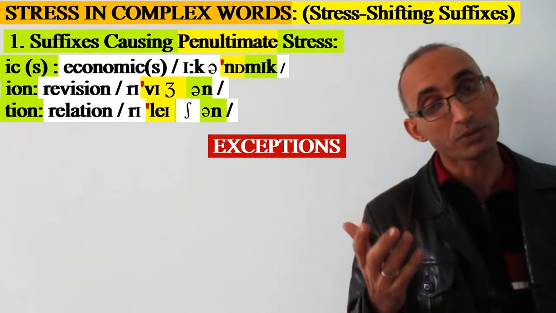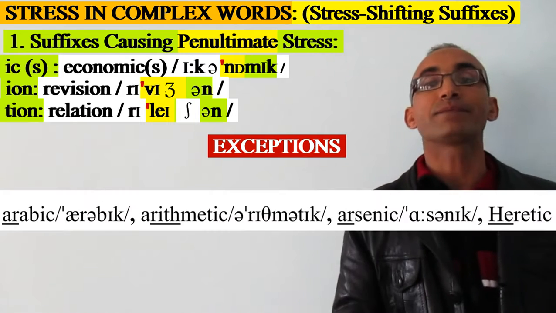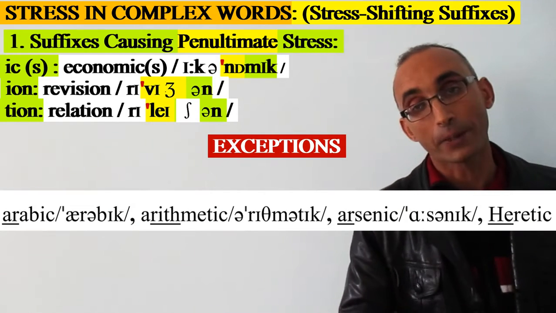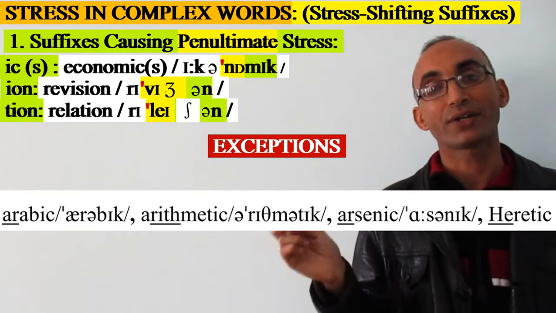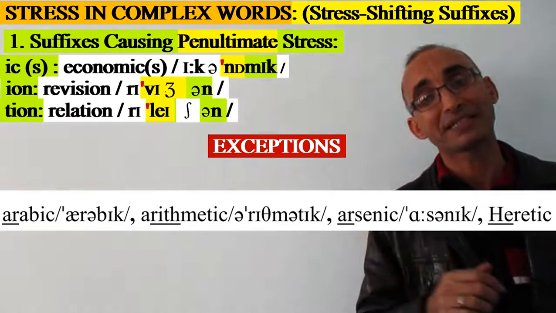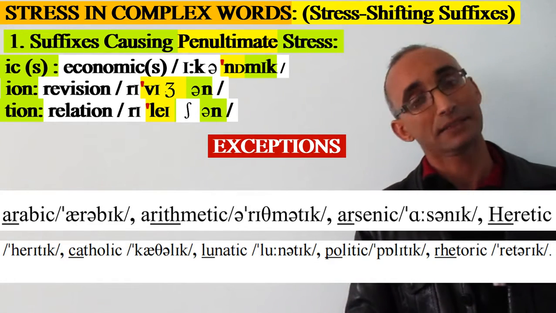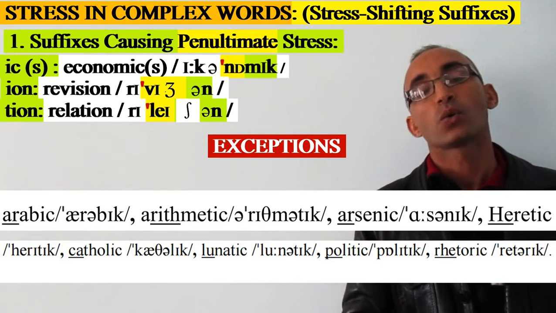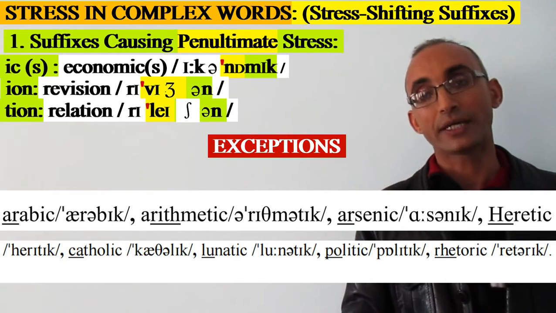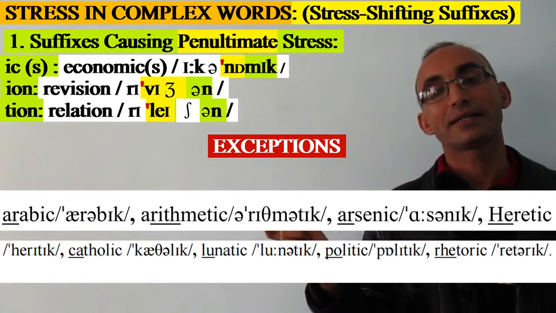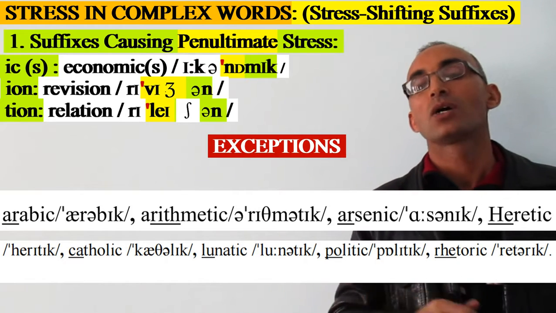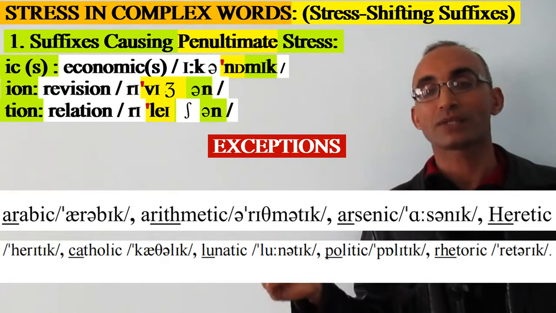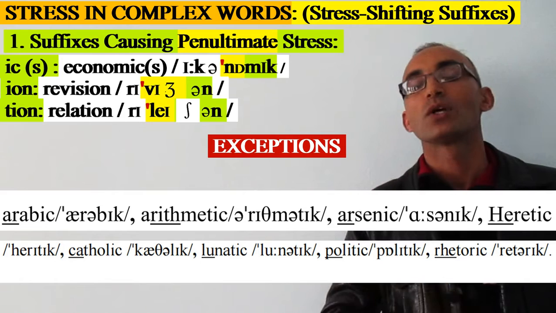But be careful, sometimes we find some exceptions. Like in Arabic, here the first syllable is stressed, it's A and not ra, the penultimate. Also for Catholic, here also is an exception, where the first syllable is stressed and not the penultimate.